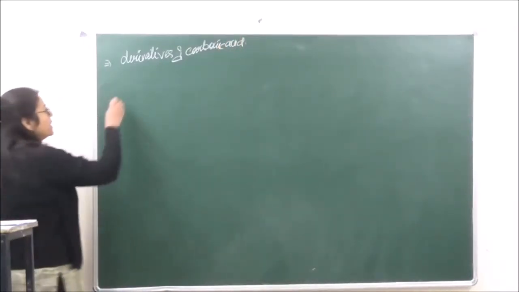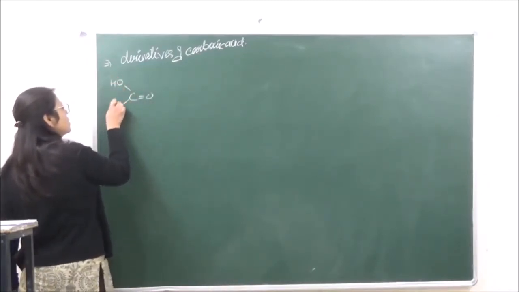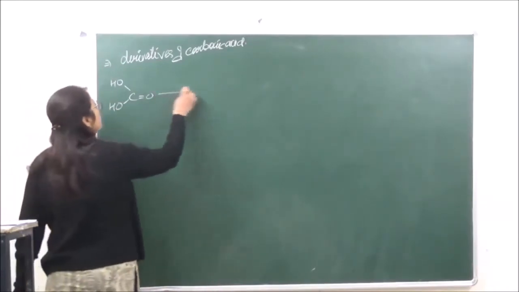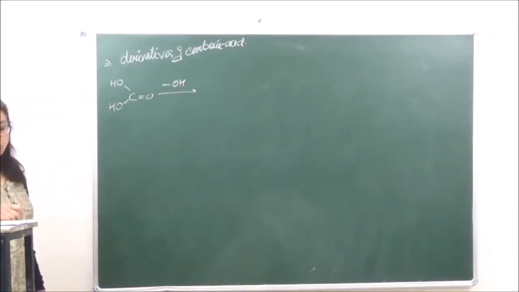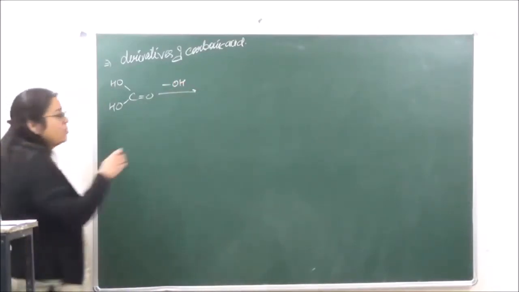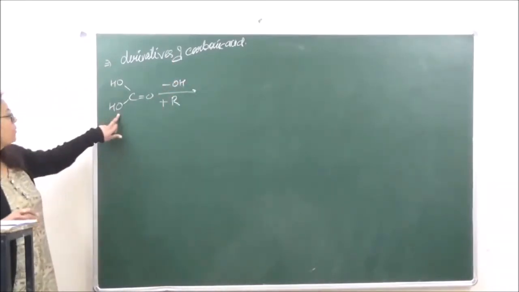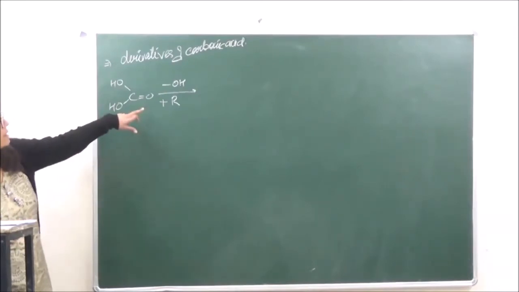If we have C double bond O, OH and OH, this is going to lose one hydroxyl group, and an alkyl group is going to substitute that OH group. One of the OH in carbonic acid is substituted by R.